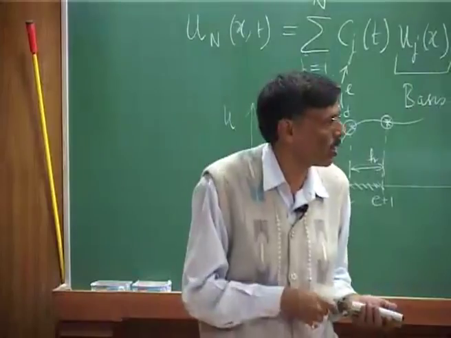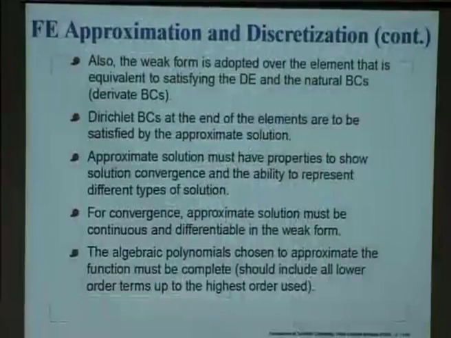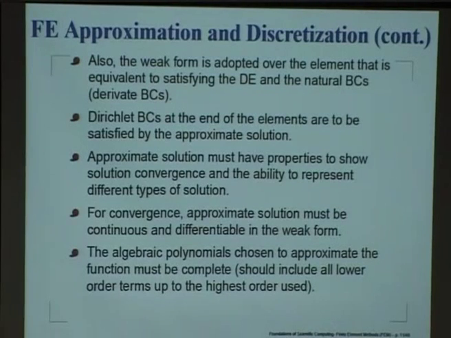I come down to a lower order. Okay. So, this is what we are saying, that for convergence the approximate solution still must be continuous and differentiable in the weak form, but this is a lesser requirement, less restrictive as compared to the strong form. The algebraic polynomial that we choose to approximate the function must be complete.